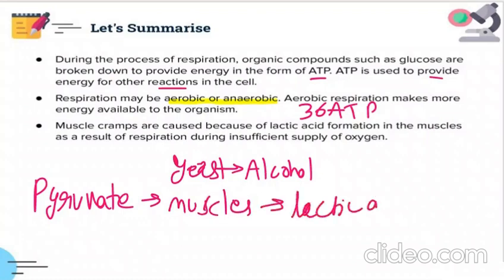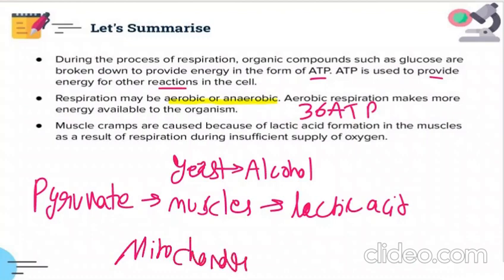And in the mitochondria, it produces energy in the form of ATP. ATP is formed by ADP, adenosine diphosphate, plus inorganic phosphate, which gives us ATP, adenosine triphosphate.